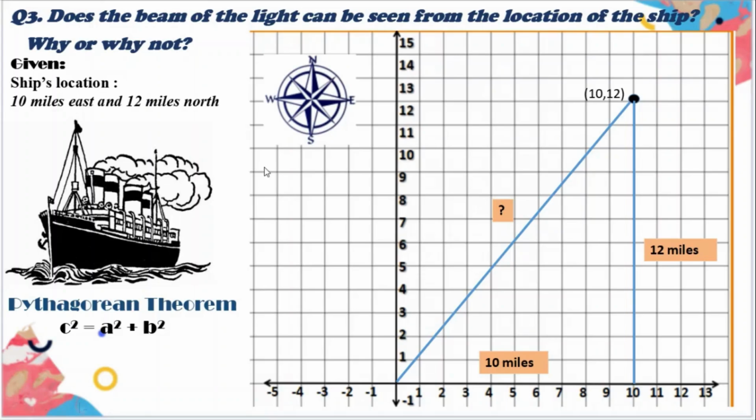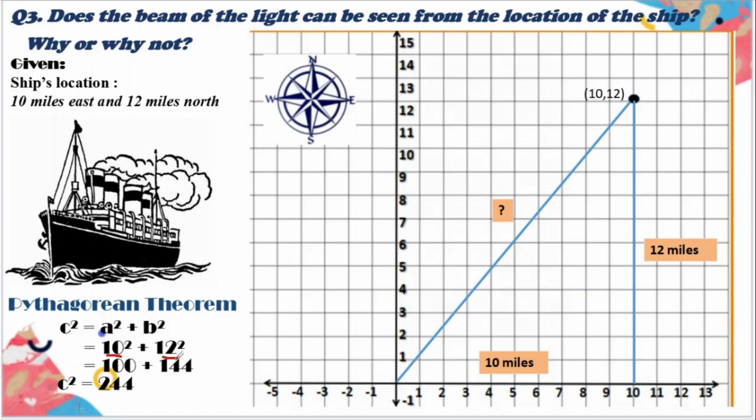So we will just substitute the given. So our a is again 10 and our b is 12. So we have 10 square plus 12 square. Simplify. 10 square is 100, or 10 times 10 is 100, and 12 square is 144. Add them up, we have 244.